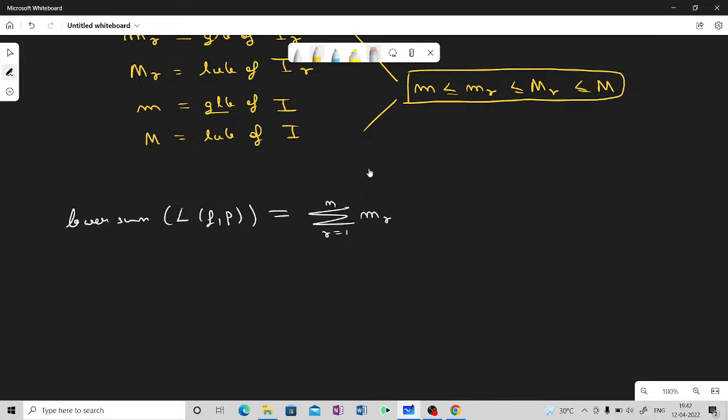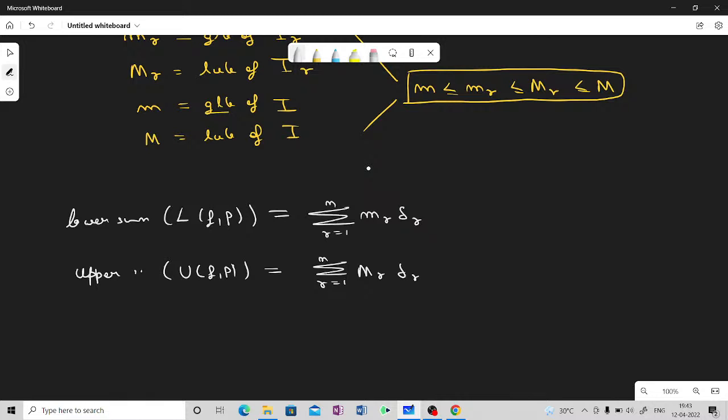In a similar way, the upper sum, U(f, P), is defined as the summation r = 1 to n of capital Mr times delta r.